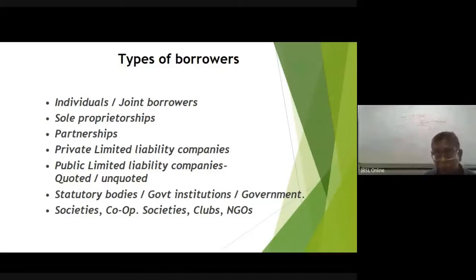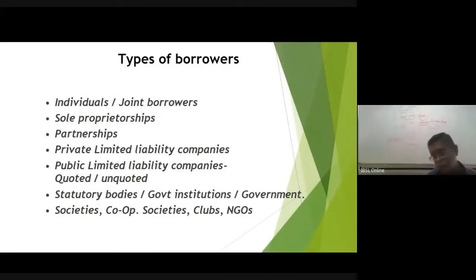Partnerships, private limited liability companies, public limited liability companies, quoted, unquoted, statutory bodies, government institutions, governments, societies, cooperative societies, clubs, NGOs. Now you see so many customers you are catering to, from retail to corporate. So we have now identified the types of borrowers.